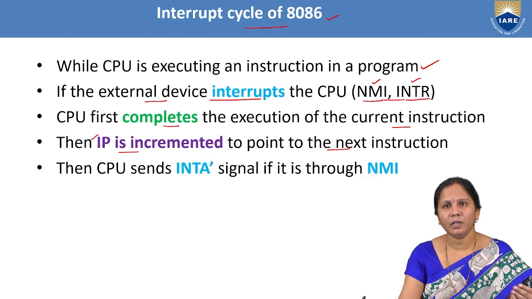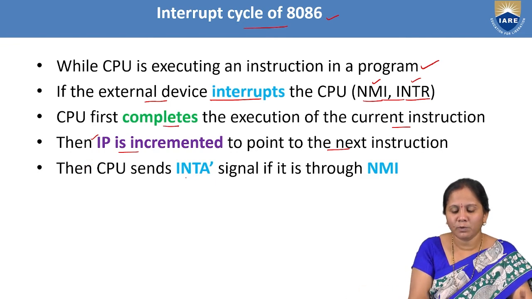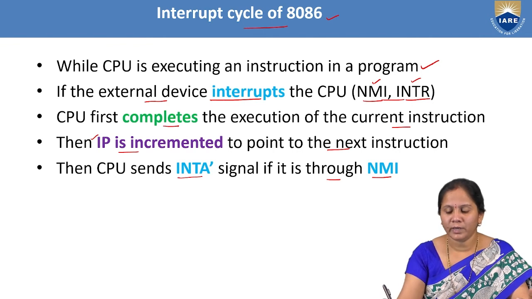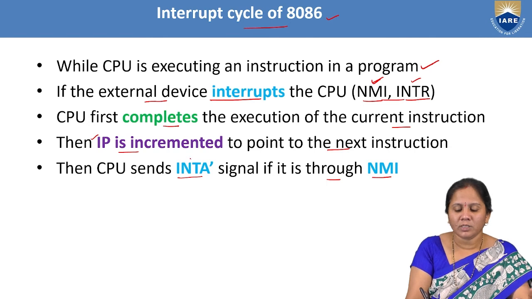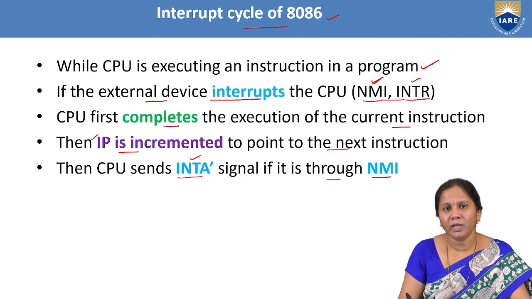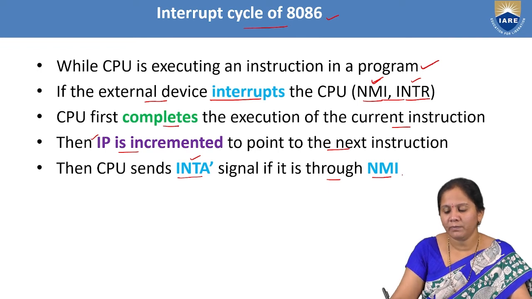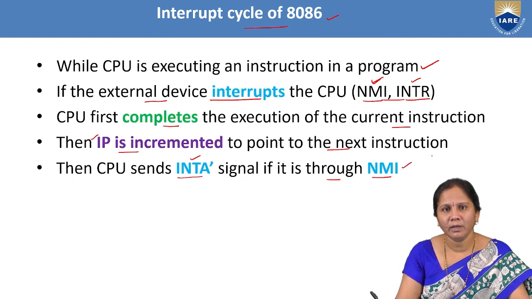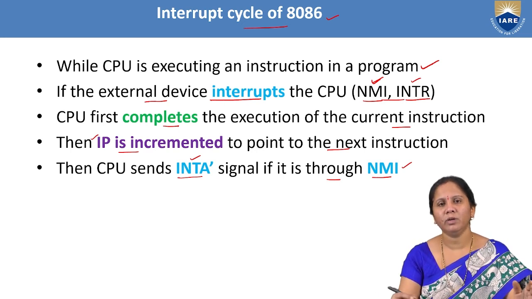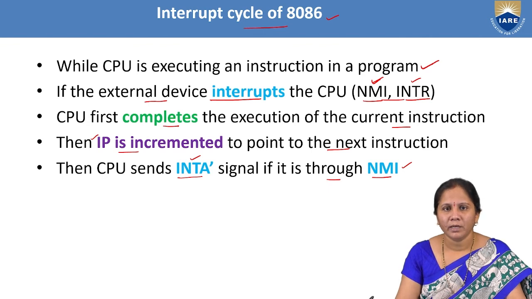After incrementing the value of IP, the CPU sends the interrupt acknowledgement signal. I told you, if the interrupt comes through the NMI pin, it sends the interrupt acknowledgement signal without checking the status of the interrupt flag, because NMI is independent of the interrupt flag bit.